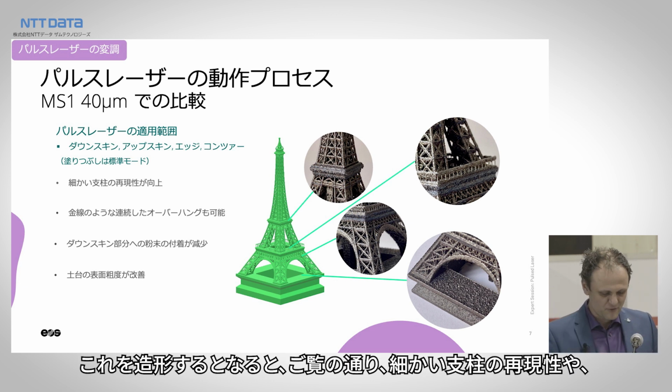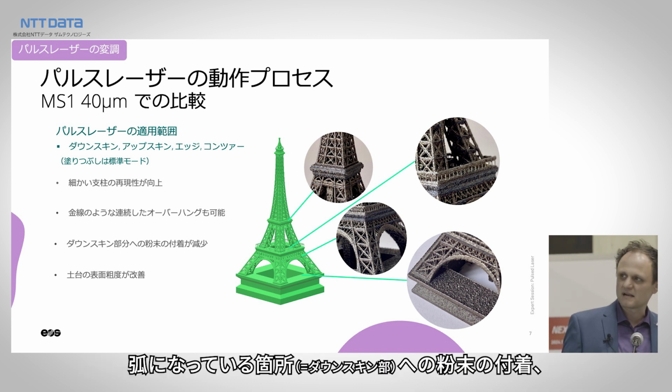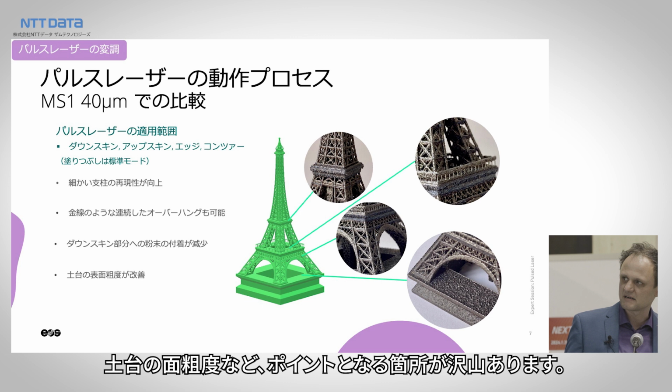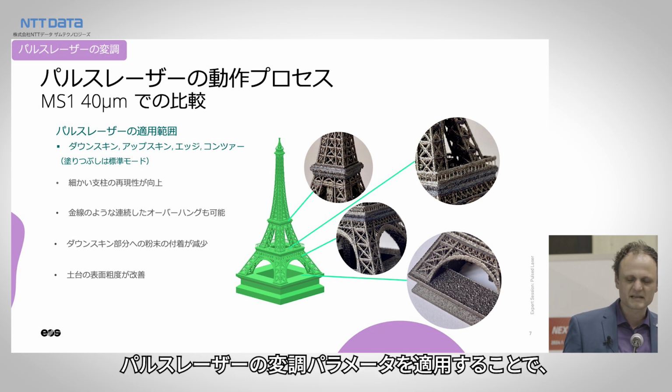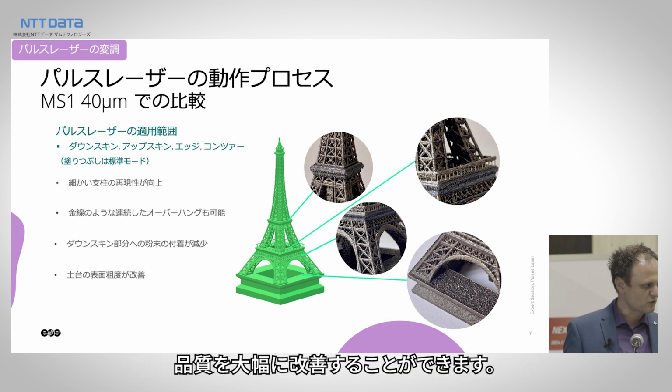And if you want to print that, typically what you see is that you have areas where the detail resolution is really not met, or you have these handlebars that can get really, really delicate and small, or these arc structures can have a lot of particles still stuck to them, or the base plate doesn't look very neat. And with pulse laser modulation, where you apply these parameters only on the region where it's necessary and has a benefit, you can get this significantly improved.